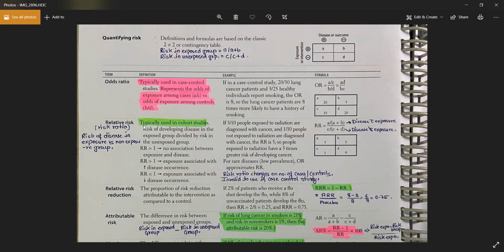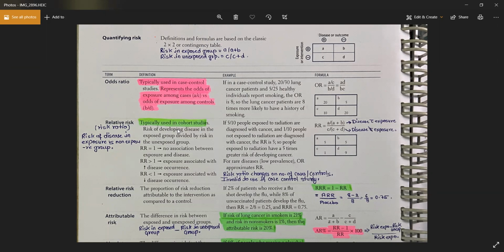So first you have given them the exposure, and then you check whether they develop the disease or not. Similarly, you give the patient an exposure or intervention, then you check whether the patient developed the outcome or not. So the relative risk is for cohort studies only.